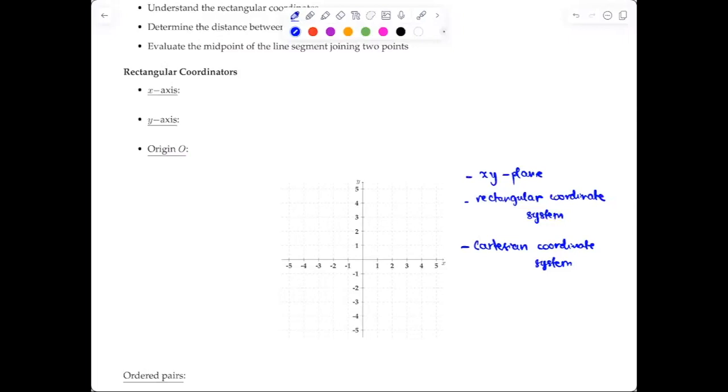So the XY plane, the rectangular coordinate system or the Cartesian coordinate system, consists of two lines, right? The x-axis, or the horizontal axis, and the y-axis, which is the vertical axis. These two lines intersect at one point that is called the origin.